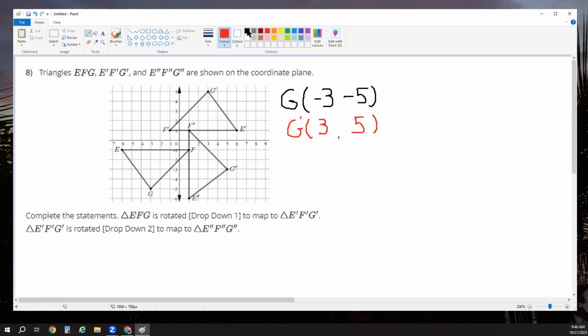So in terms of this, the signs changed, the values stayed the same. So this is a 180-degree rotation.